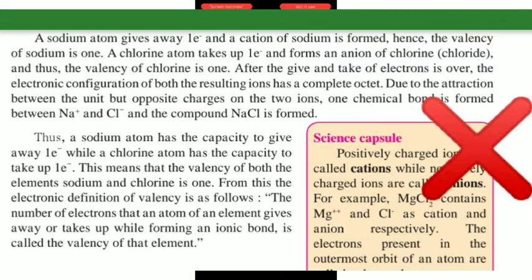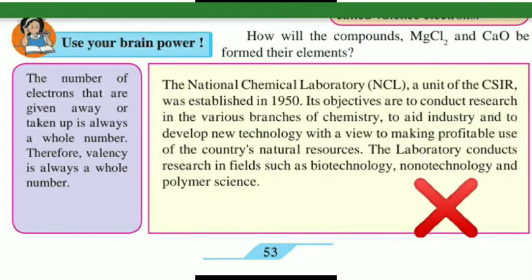Positively charged ions are called cations, while negatively charged ions are called anions. For example, MgCl2 contains Mg++ and Cl- as cation and anion respectively. The electrons present in the outermost orbit of an atom are called valence electrons.